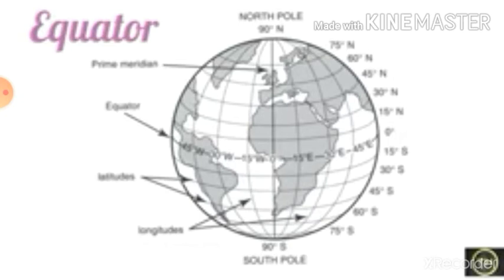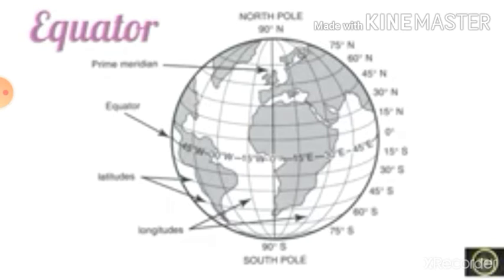Towards the north and south of the equator, parallels of latitude become smaller and smaller on the globe and also on the earth. At the north and south end of the earth's axis, they appear as points. These are called the North Pole and the South Pole.